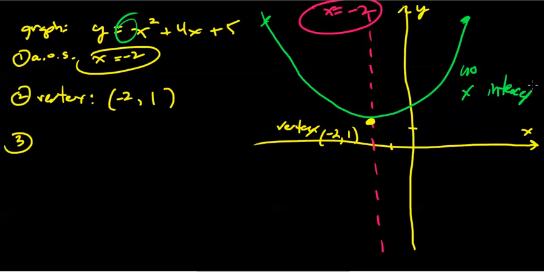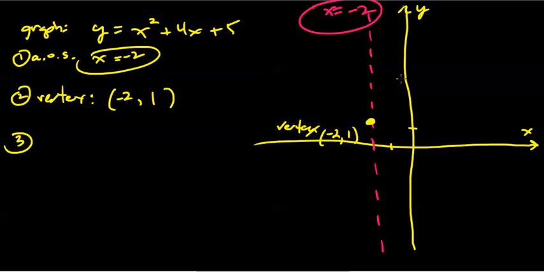I'm drawing this in green because I'm going to erase it quickly. No matter how fat or skinny this parabola turns out to be, there will be no place for it to hit the x-axis. Alright, so what are we going to do? We can't find our x-intercepts. There just aren't any. So I'm going to delete that.